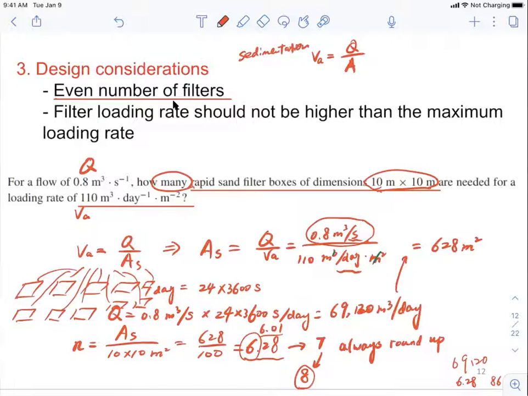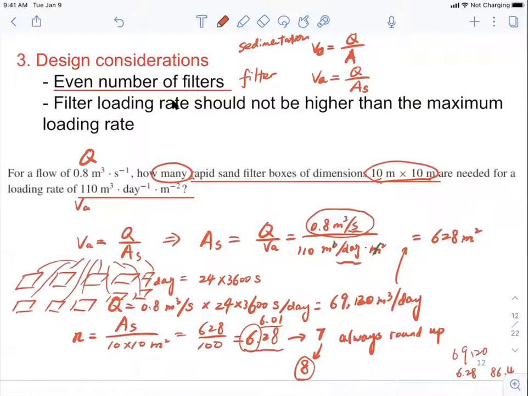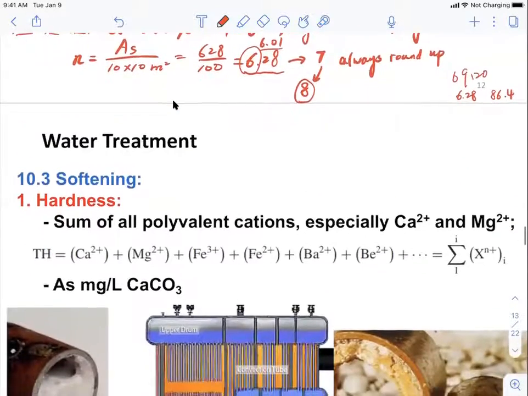For the sand filters, we have V_0 equal to Q divided by A, the flow rate divided by the surface area of the sand filter. Further, if you know the dimension of each sand filter, you can calculate how many sand filters you need, okay? So these are the design considerations for the sand filter.